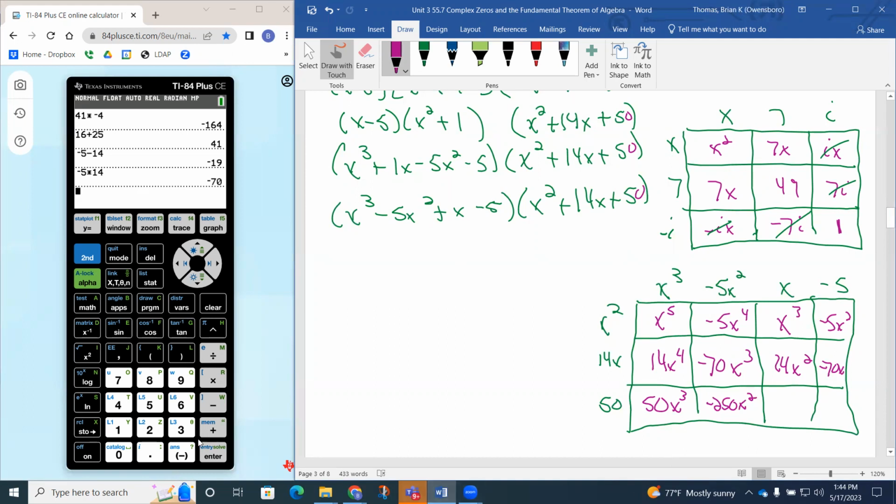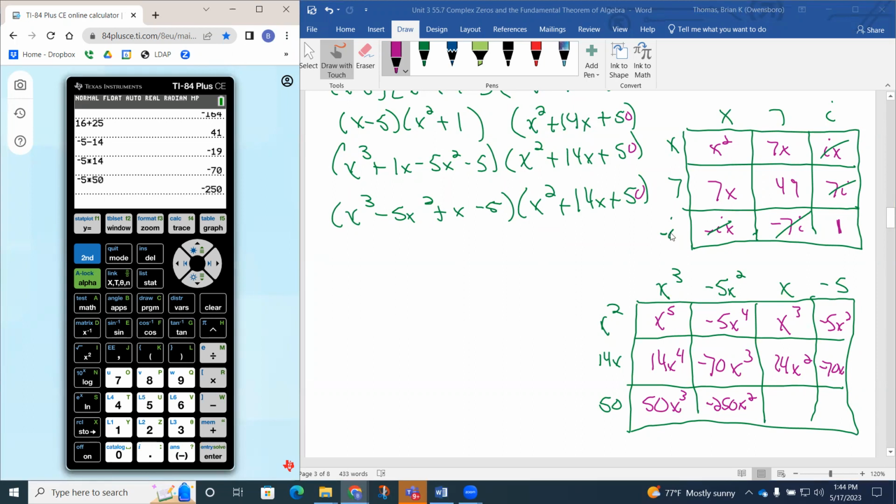I'll double check that: negative 5 times 50. Yeah. 50 times x is 50x, and then 50 times negative 5 would just be negative 250.